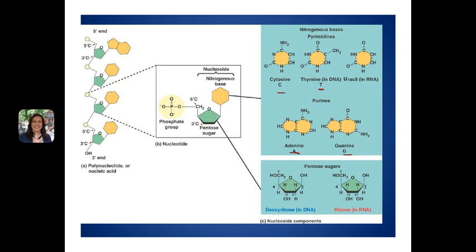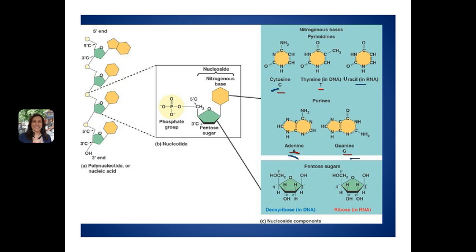So in RNA we've got cytosine, uracil, adenine, and guanine. So you can see that DNA and RNA have in common the bases cytosine, adenine, and guanine. And then thymine is only found in DNA, while uracil is only found in RNA. That's as far as the nitrogenous bases are concerned. Now come the pentose sugars.